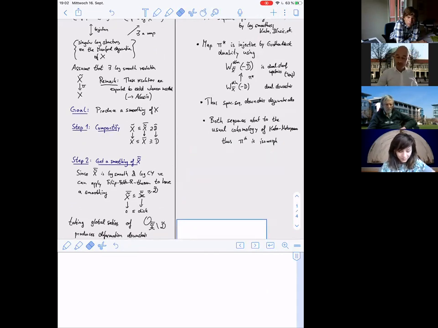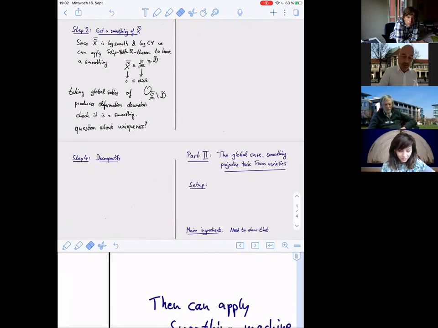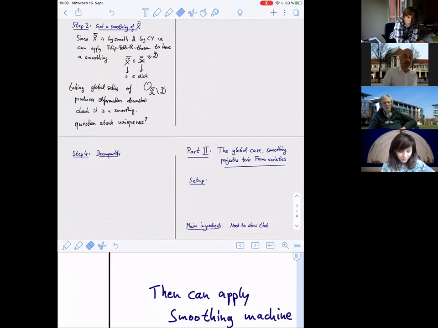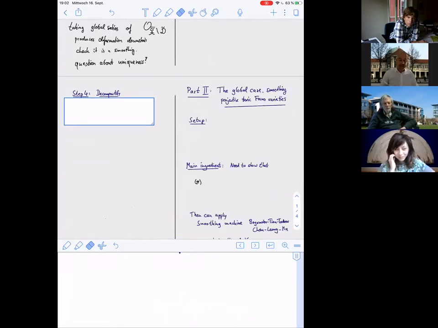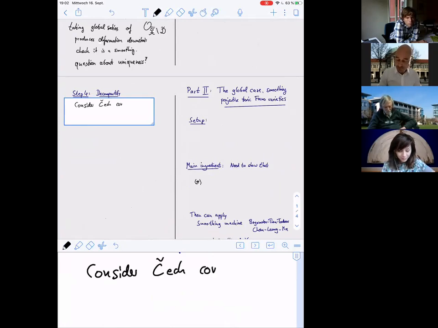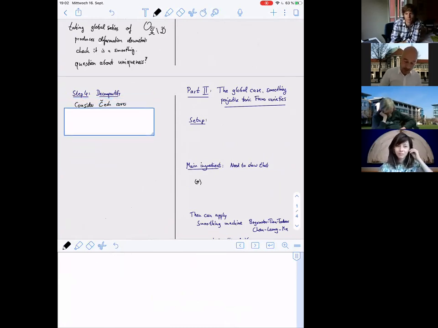I'm going to the next step here on the next page. Decompactify. Okay. So once we decompactify, you use affineness. To decompactify, I consider a Čech cover consisting of 3 open sets, and I use 2 covers, one upstairs and one downstairs.